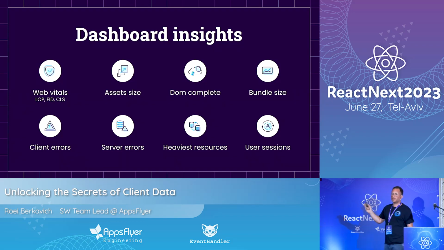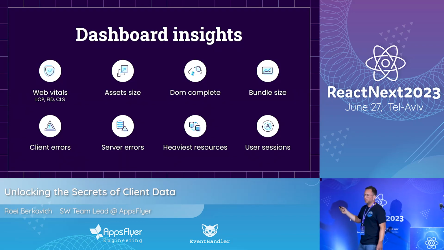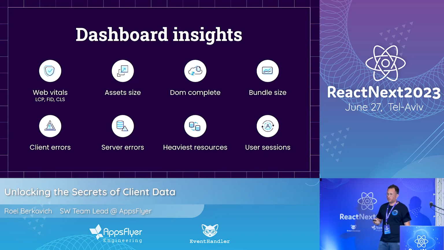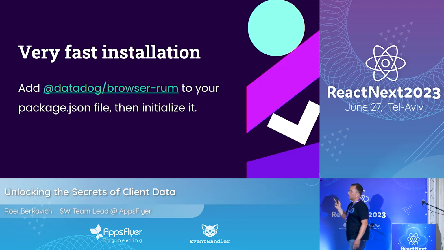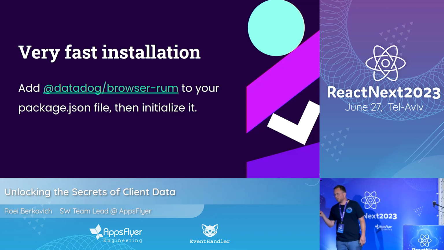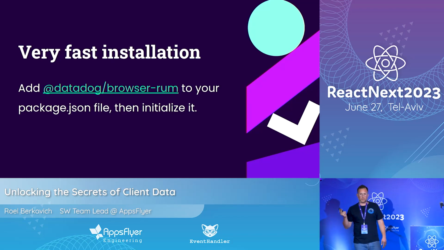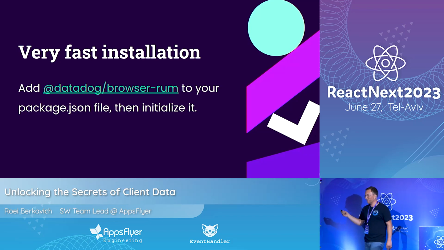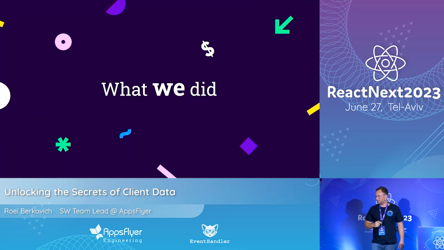You will see it very clearly on the dashboard. You can't miss it. You will know that you have a problem and you can fix it. And all of that with a very fast installation. You need to create an account, install DataDog browser RUM with Yarn, NPM, whatever, and init the code.